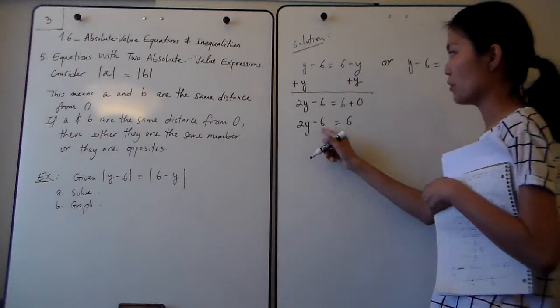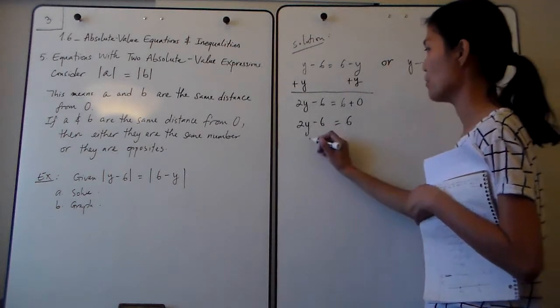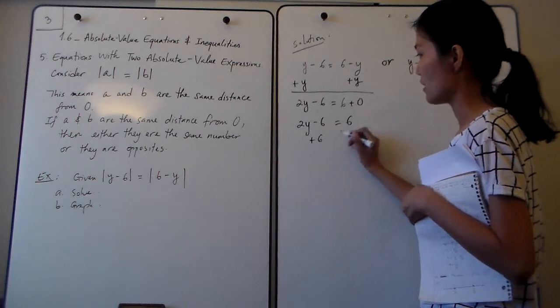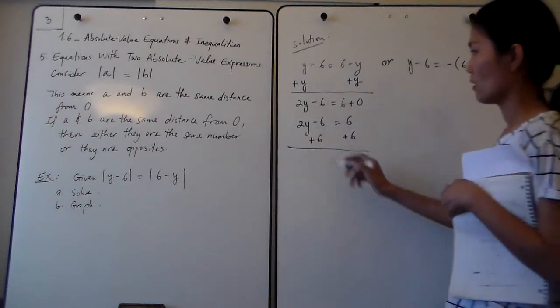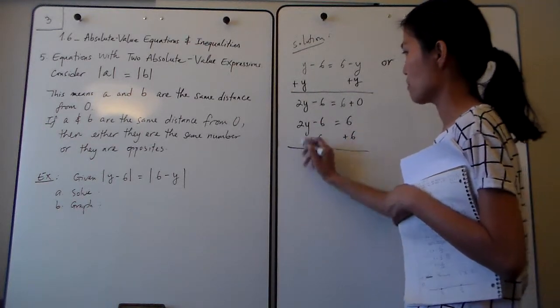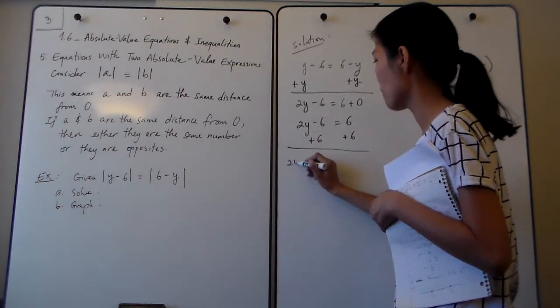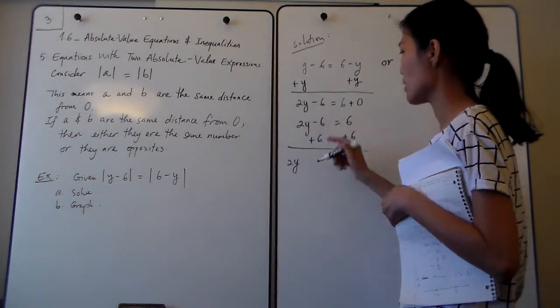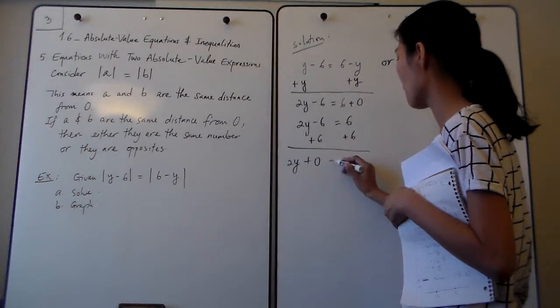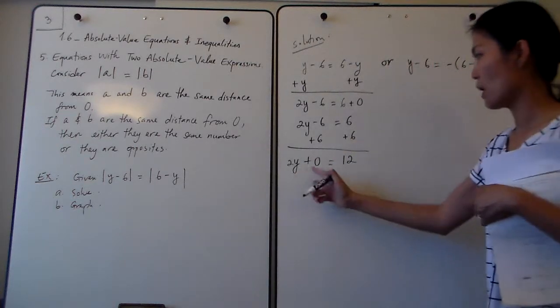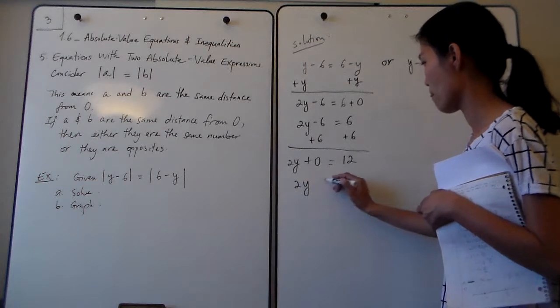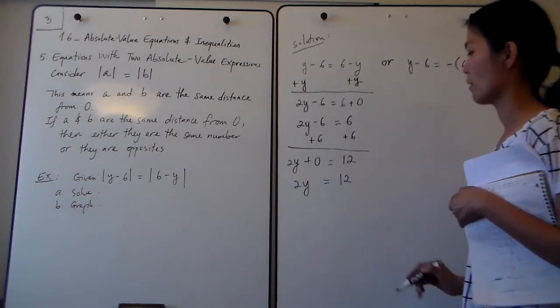To solve for y, we need to eliminate this constant term. We do that by using the addition principle. 2y, then no y here means 0, so 2y plus 0 is 2y. Negative 6 plus 6 is 0. 6 plus 6 is 12. So 2y equals 12.